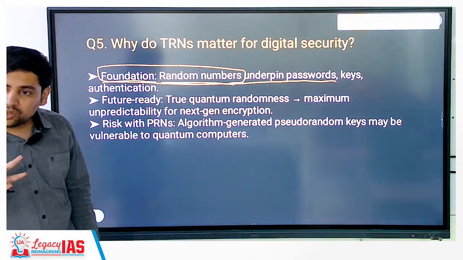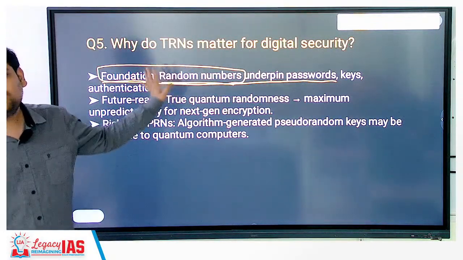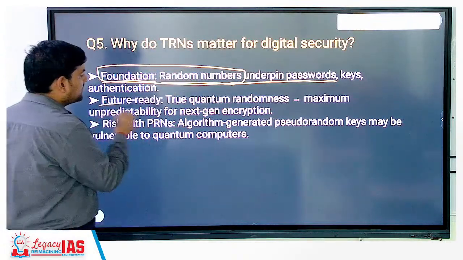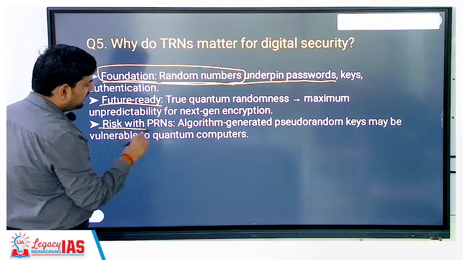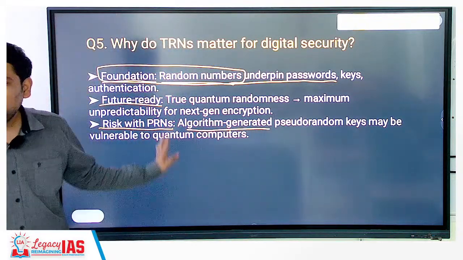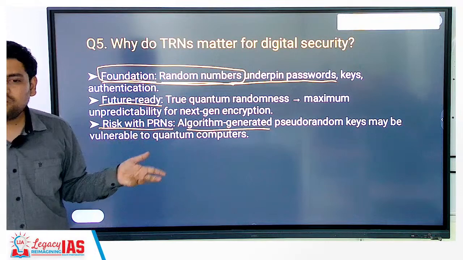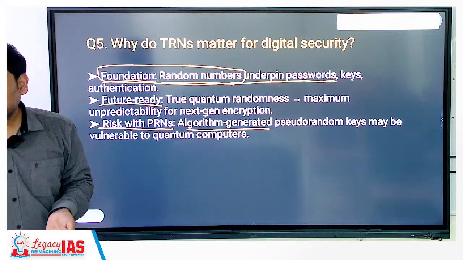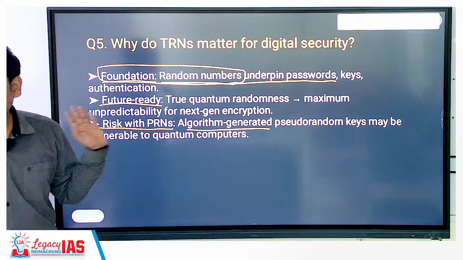Now you are generating true random numbers that are completely random. So it will make our systems much more secure, and this makes it future ready. The risk with PRNs is that they are algorithm based, so they can always be broken down. This cannot be broken down because it is based on a physical system that we also don't understand. If we don't understand it, then nobody will be able to decipher it. That's it.